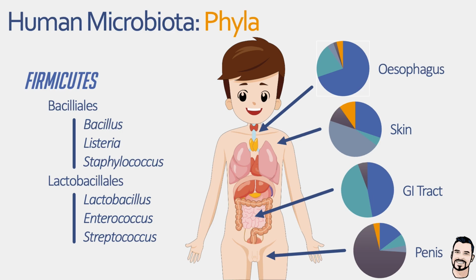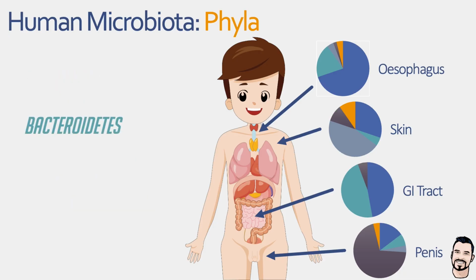We also have Lactobacillus species, which are common in the GI tract, where they aid in digestion and help maintain a healthy balance of microorganisms. And finally, there are different Streptococcus species which are abundant in the oral cavity and act through competitive inhibition to ward off potentially harmful bacteria.